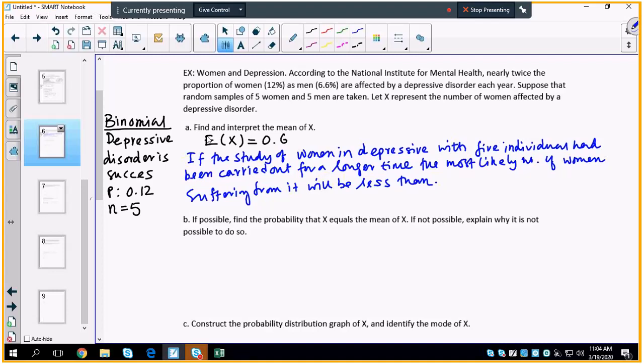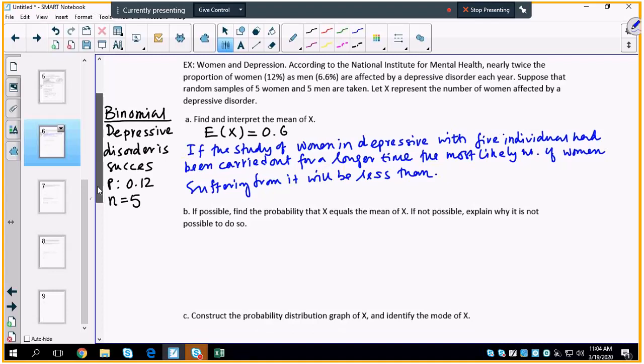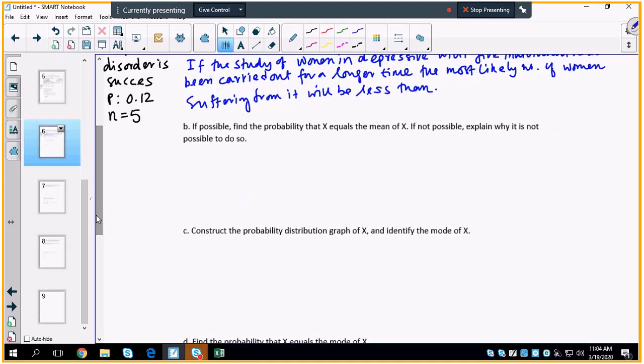If possible, find the probability that X equals the mean of X. If not possible, explain why it is not possible. So now I am asking you to find the probability of X being equal to the mean 0.6. I will say it is not possible. Why is it not possible? Because remember, X represents the number of successes, and the number of successes cannot be a fraction.